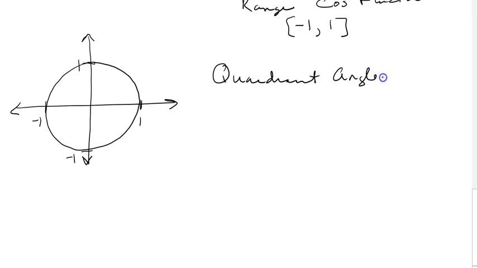Part of what you're going to do in this class is learn how to get values of trig functions without the use of a calculator, and also get values of trig functions with the use of a calculator. But we always ask for what we call exact answers, and very often you need to know your quadrant angles without plugging anything into a calculator. All right, so what do we mean by our quadrant angles?